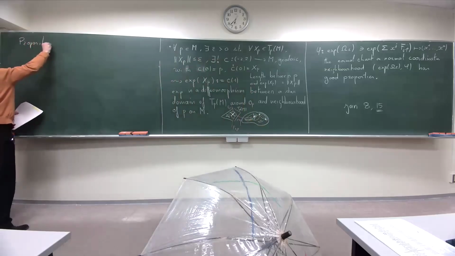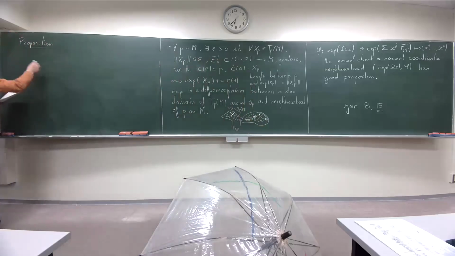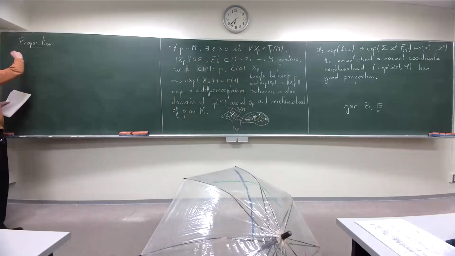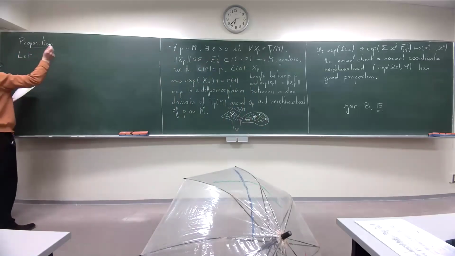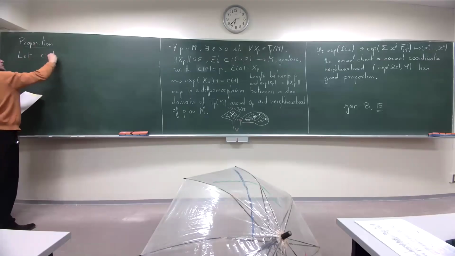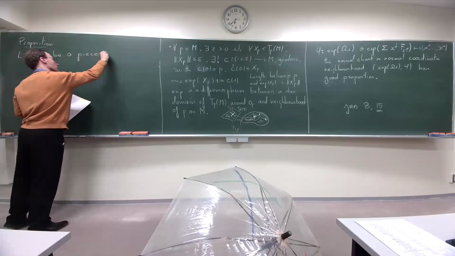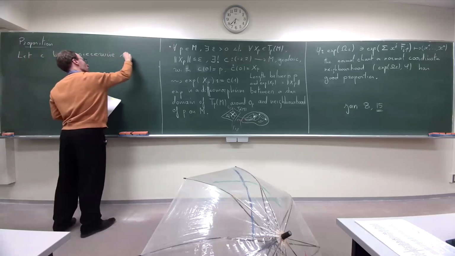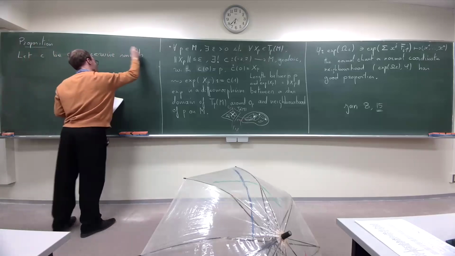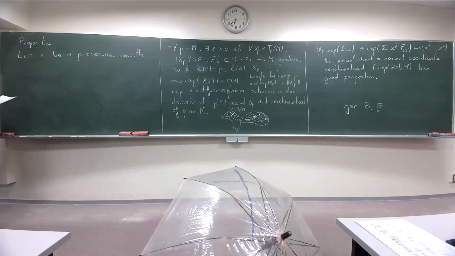And the statement, you have to be a bit careful, and I will explain why. So we let C be a piecewise smooth curve. You accept that it's not smooth at a few points.